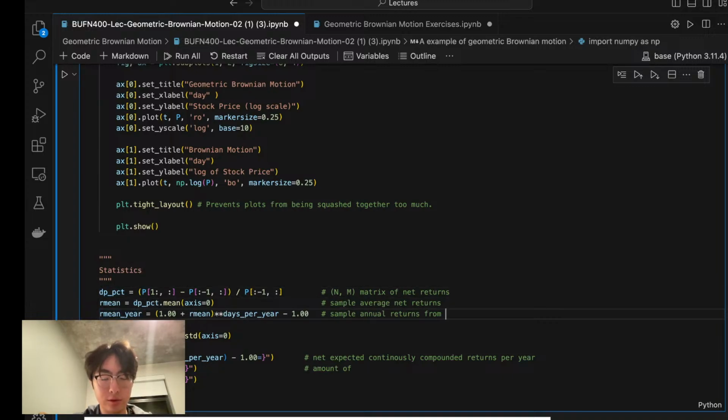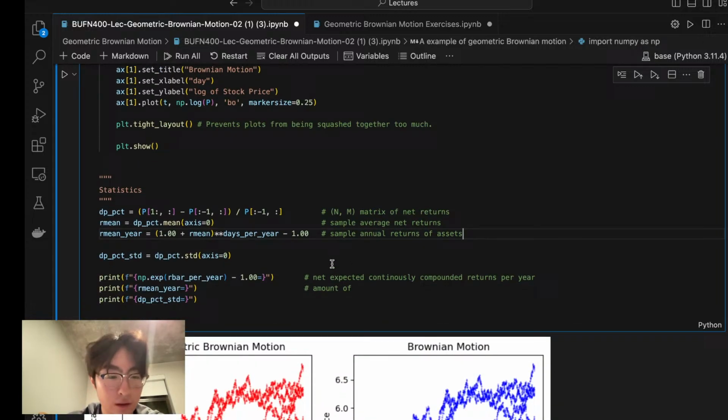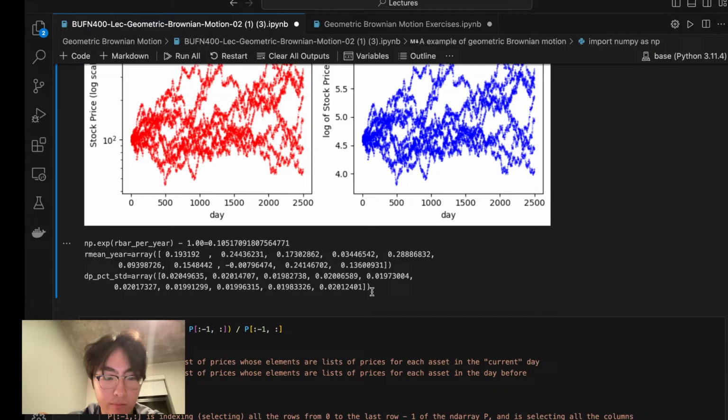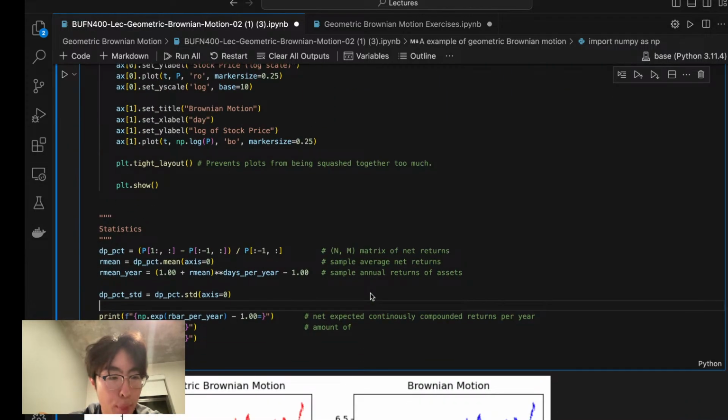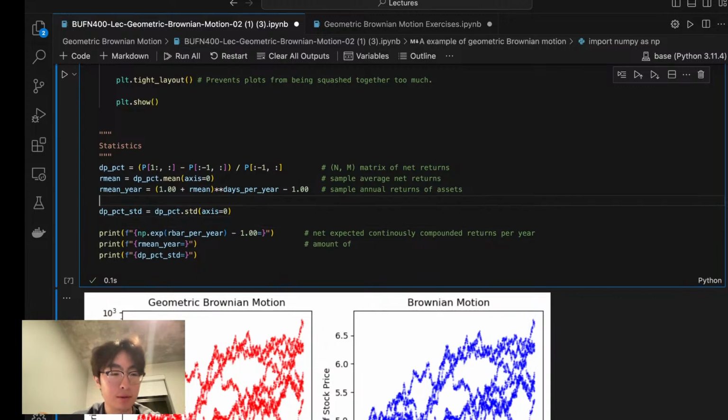Sample average return of assets, right? Yeah, I'm surprised they're not the same, but let's see.